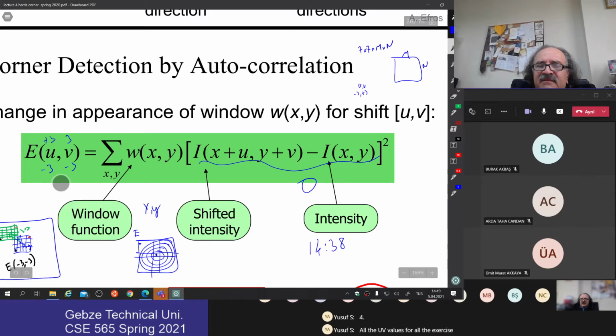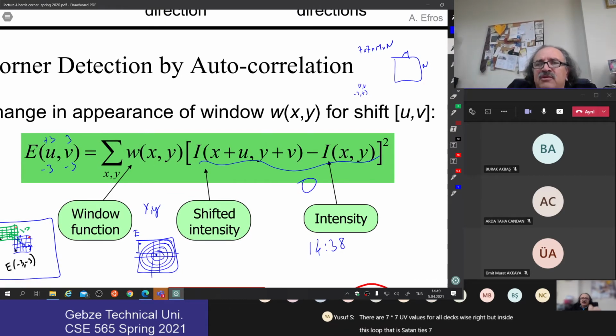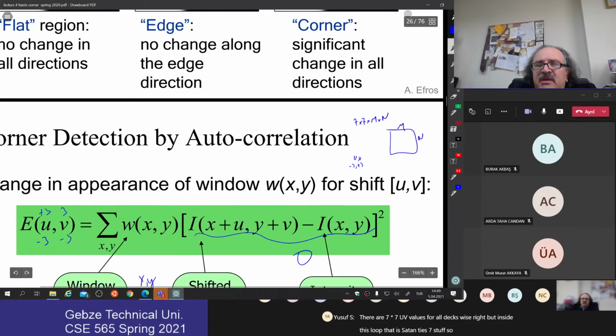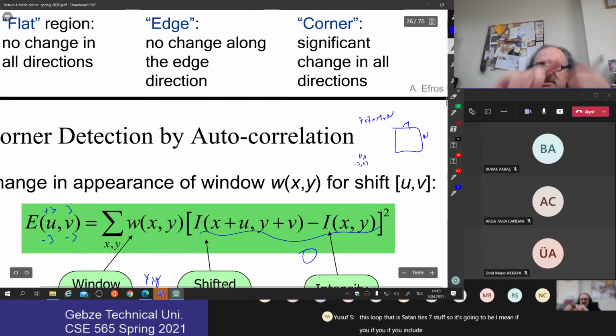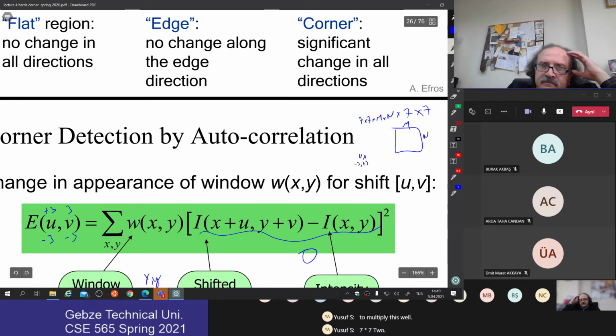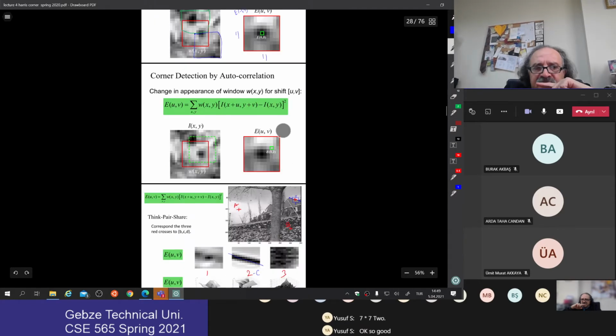There are 7 times 7 UV values for all the xy's, right? But inside this loop, there is 7 times 7 stuff. If you include the subtraction operators, you need to multiply this with 7 times 7 too. So that's going to be expensive, and we don't like it.